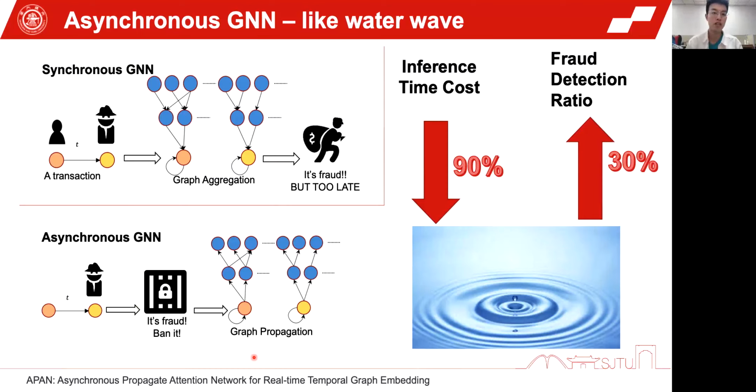We let their neighbors know what happens in this transaction. So it's like a water wave. If a water drop falls into a pool, the wave will spread to other places.